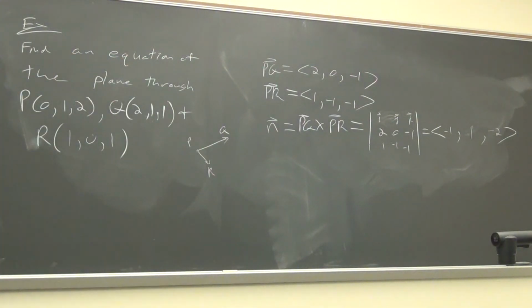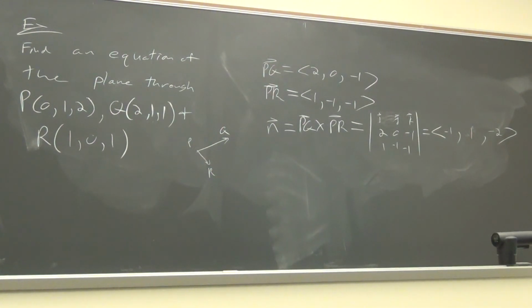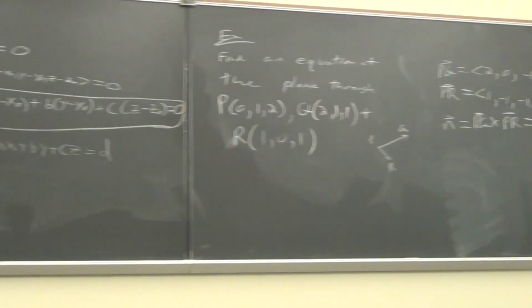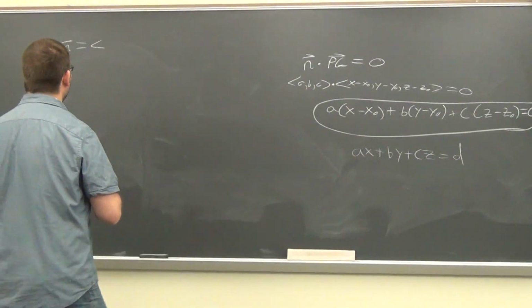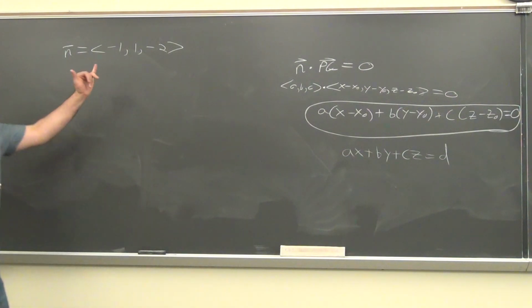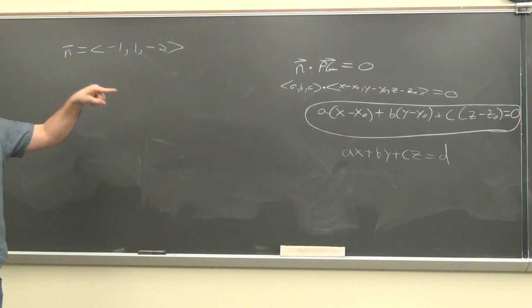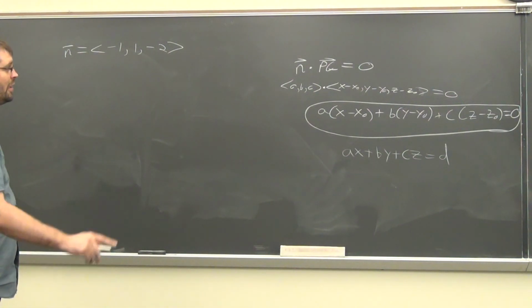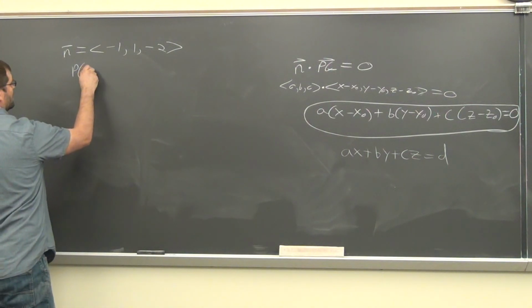I didn't spend a whole lot of time thinking about it. Be careful when you do it on a test. All right, so now we have our normal vector, the n is -1, 1, -2. So that's our A, B, and C, and then our x naught, y naught, z naught is just any one of these points. I'll just use this first point.